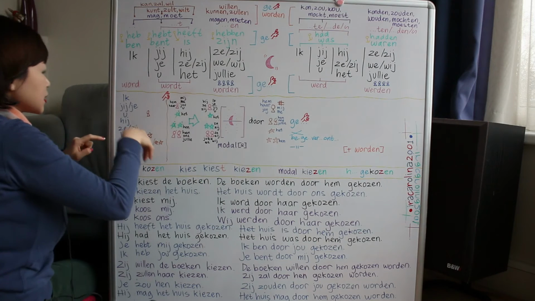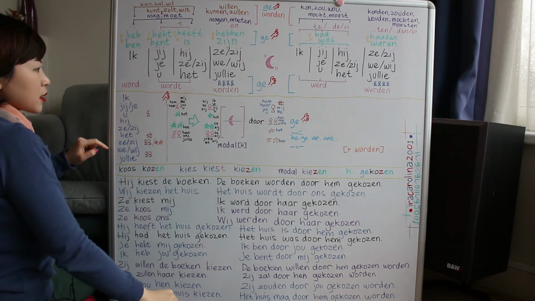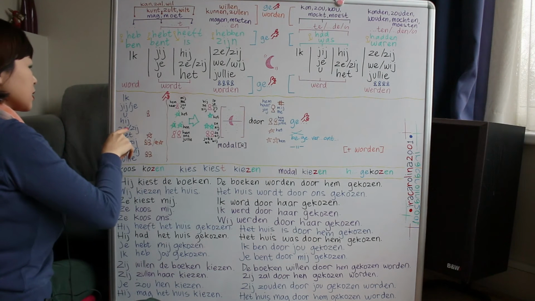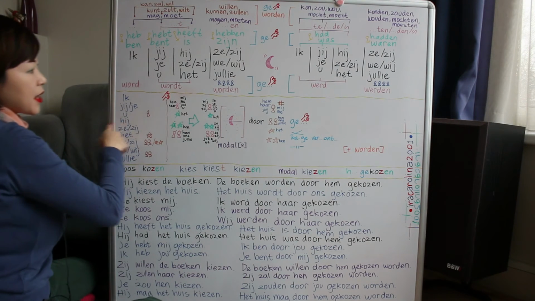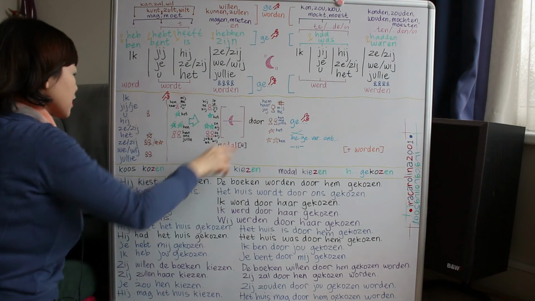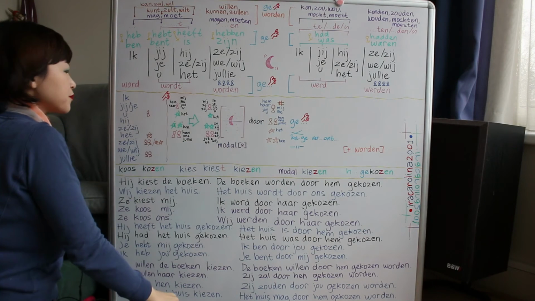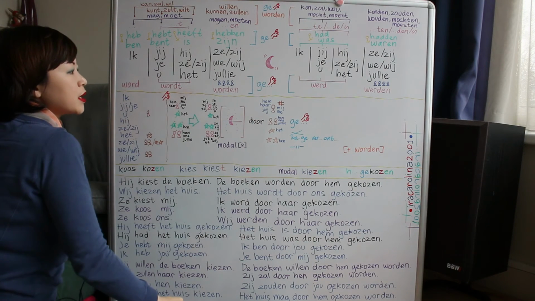Same, let's say, of course, hat, same hat. And hem, where is it? Oh yeah, hij. Haar, ze or zij. Jou, jij or je. It becomes jou here. For u, it's the same.